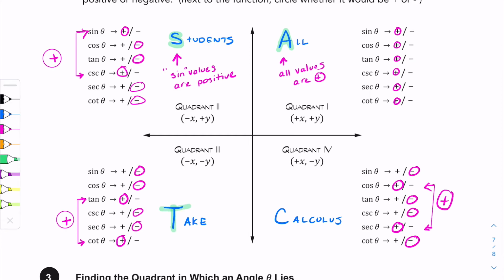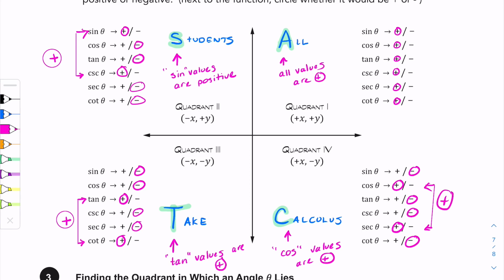For take in quadrant 3, that's telling you that your tangent values, so anything corresponding to tangent, tangent and cotangent, are positive. And lastly, calculus, C for cosine.